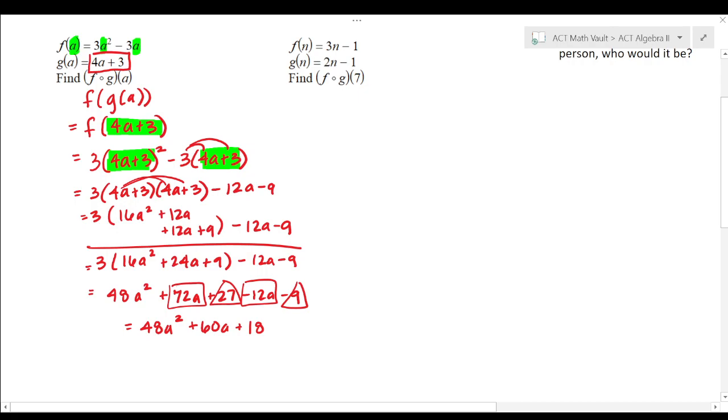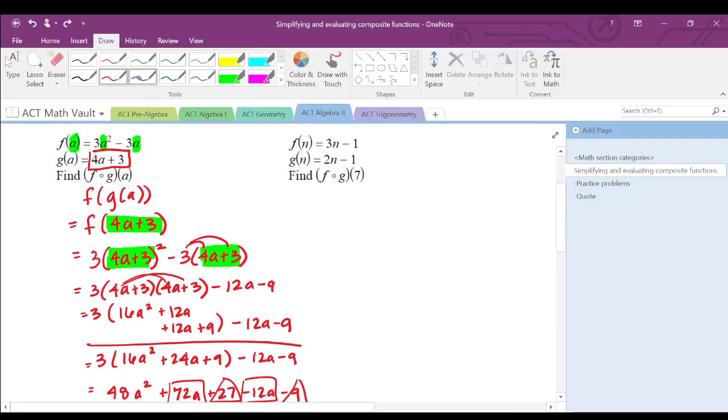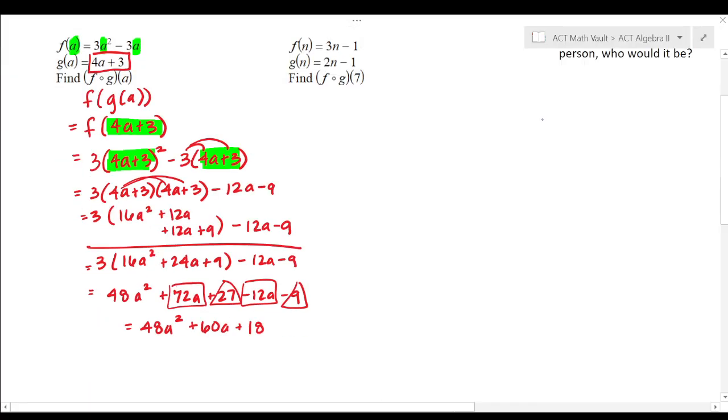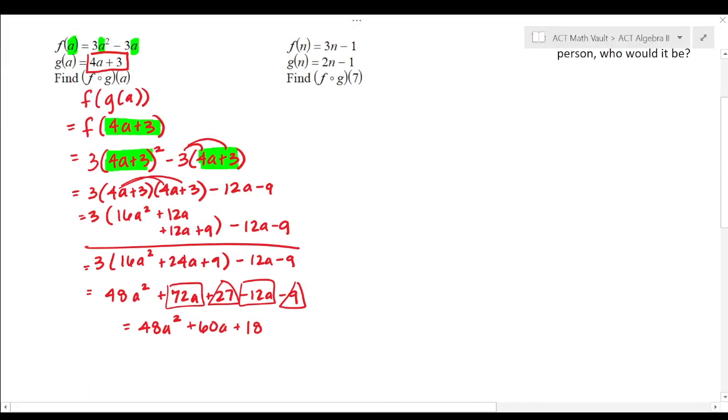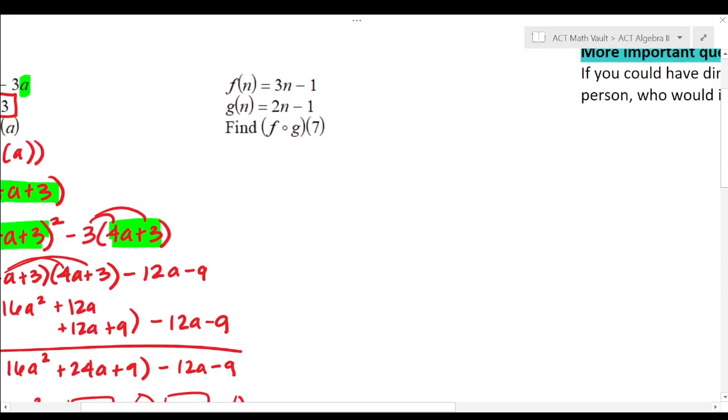And then in the next one, whoa, there's a 7 instead of the a. So instead of a variable, we have a 7, because this is a totally different process. I'm going to change color here. So remember, it's not multiplication.